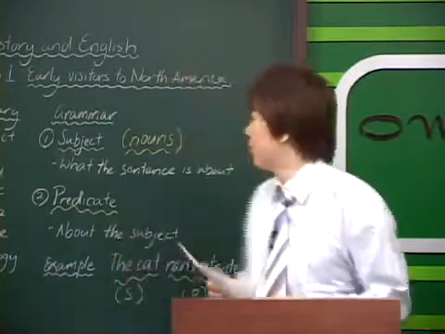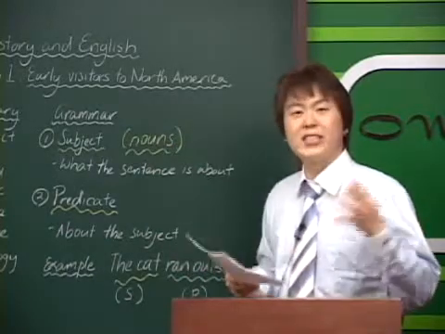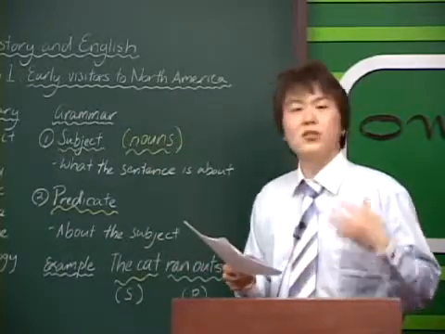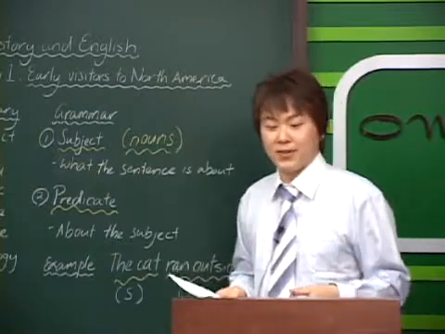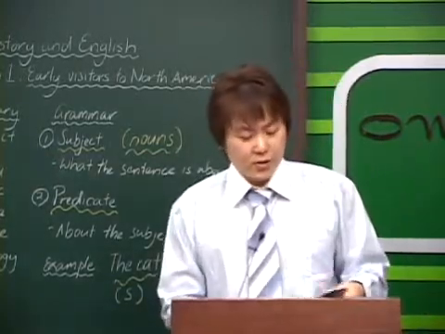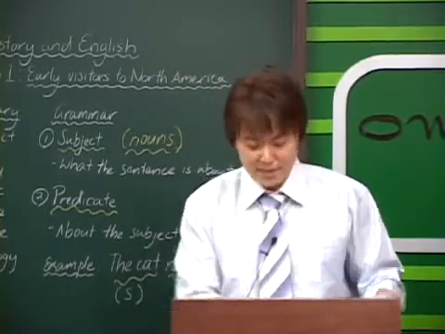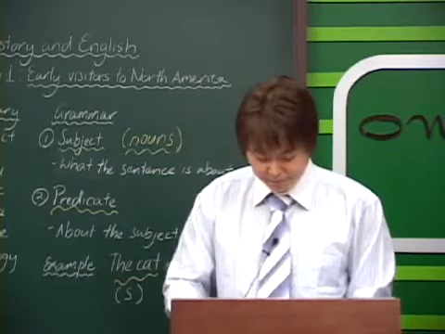For today's grammar point, if you want to look at the subject and predicate, please turn to sentences and sentence construction in your English manual. There are a few exercises for you to do, so if you do see them, please go over and practice them in your own time.